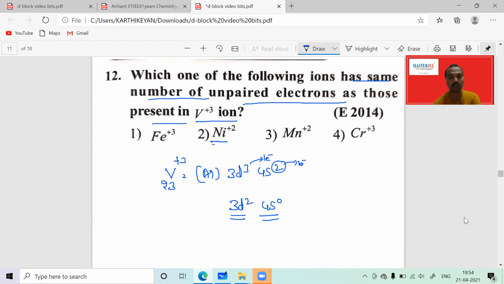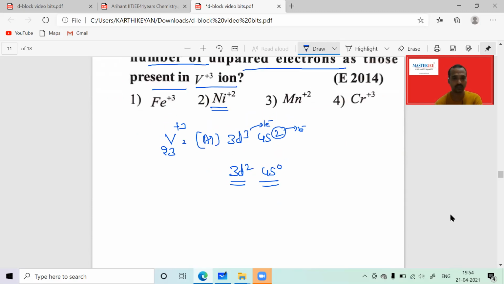So nickel +2 it is having. See how nickel +2. Nickel atomic number is 28, argon 3d8 4s2.